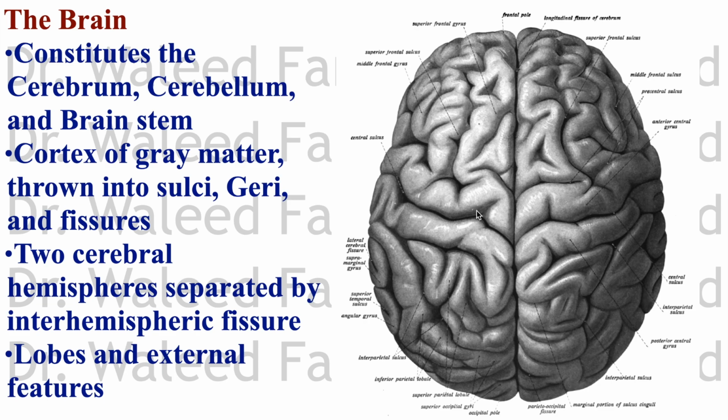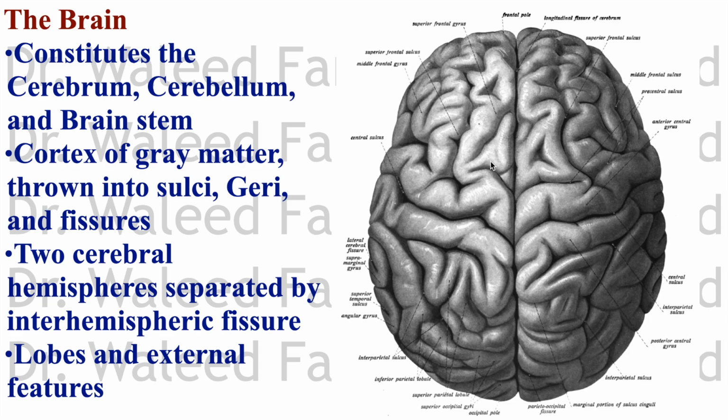Now, the first gyrus before the central sulcus is called the precentral gyrus. The first gyrus after the central sulcus is called the postcentral gyrus. Precentral gyrus and postcentral gyrus.